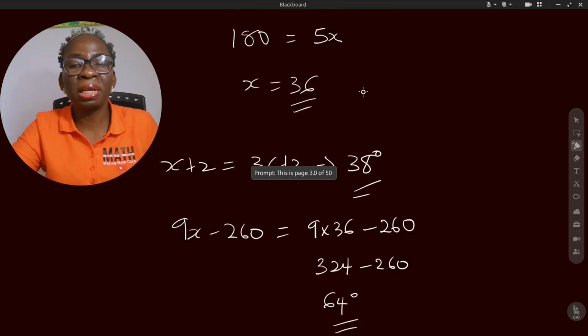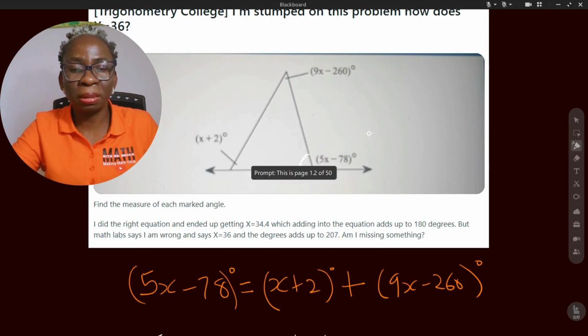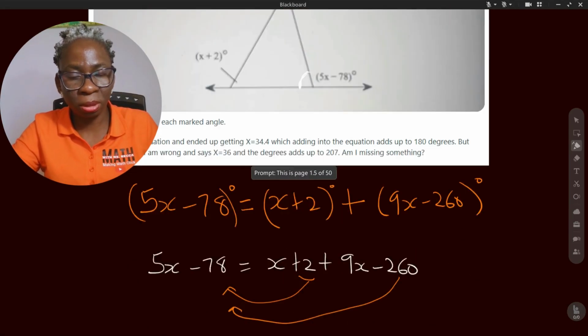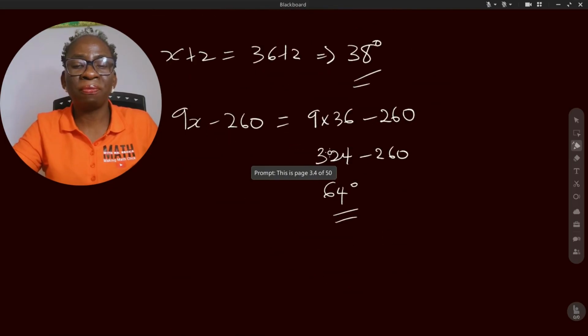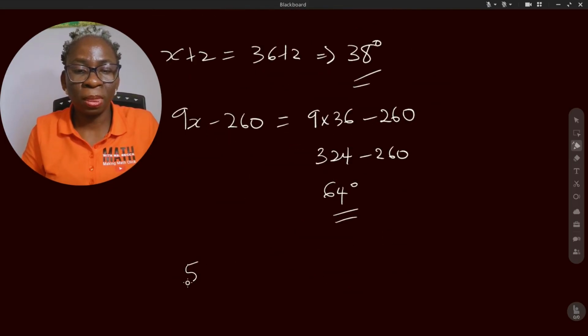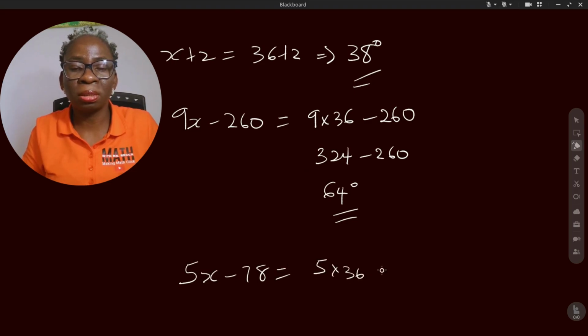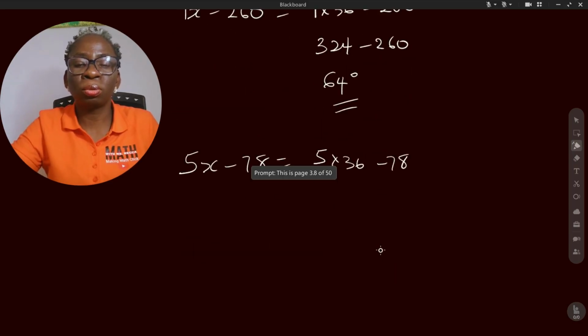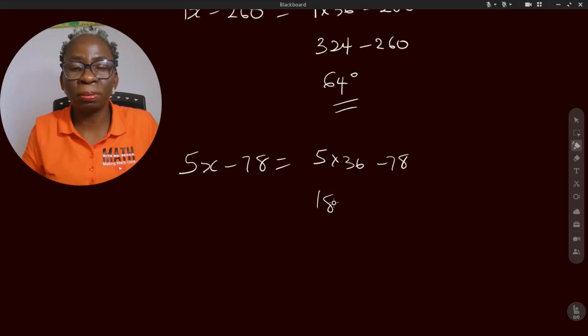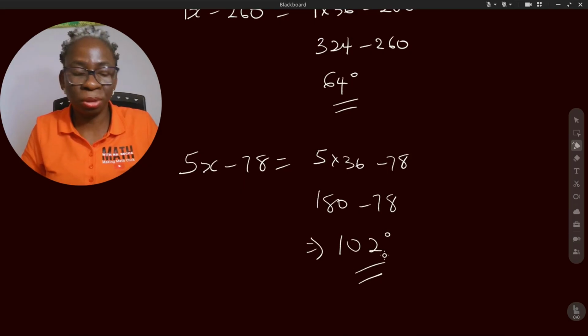And then we have to find the third marked angle, which is 5x minus 78. That would give 5 times 36 minus 78. So this would give 180 minus 78. And the third marked angle will be 102 degrees.